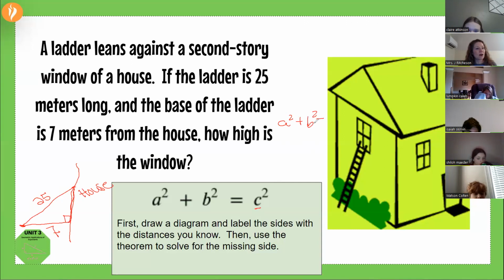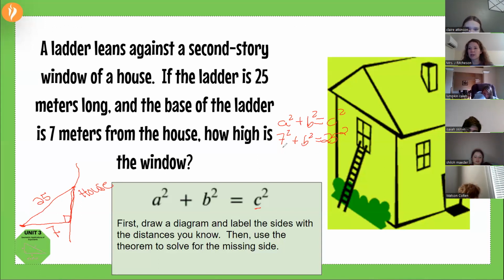And c is always the hypotenuse. So 7 is one of the legs, so we can use 7 for either a or b. It doesn't matter. We don't know the other leg, but we know that the ladder, the hypotenuse, is 25 meters long. Okay, so we're going to plug that into the Pythagorean theorem.